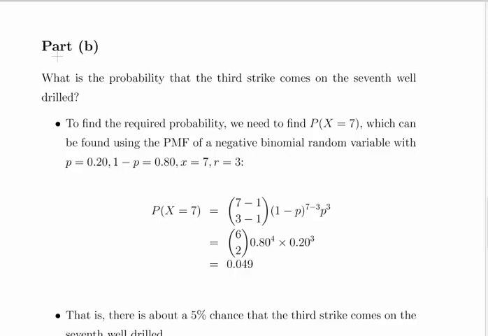Okay, so the probability of x equal to 7 is 7 minus 1 choose 3 minus 1. So just using the binomial coefficients here. This is just a standard binomial coefficient calculation.